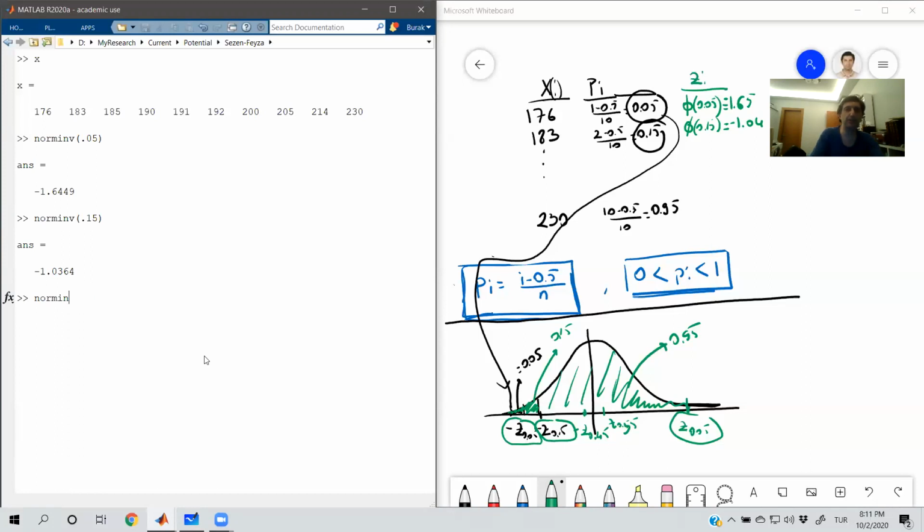Since we already have the Pi values, let's write them again. It's going to be 1 to 10 minus 0.5 divided by 10. Then what we need to find is normal inverse applied at these values.